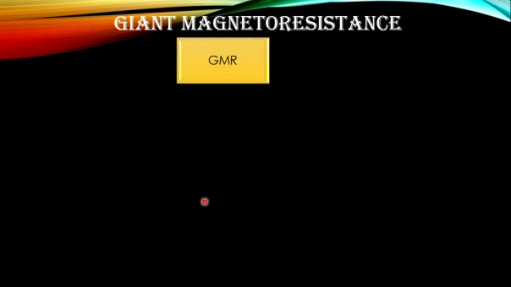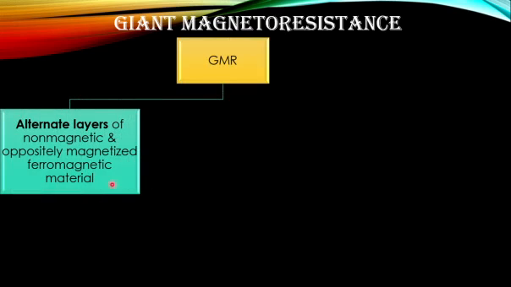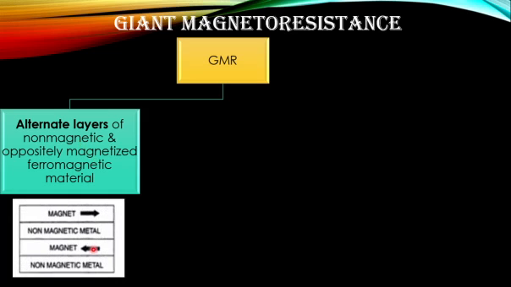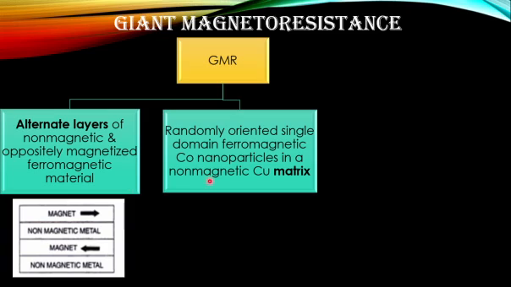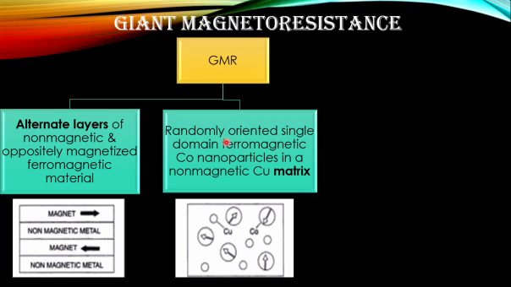So there are different kinds of giant magnetoresistant material. One is formed out of alternate layers of non-magnetic and ferromagnetic material, which was just mentioned earlier. Another example is randomly oriented single domain paramagnetic cobalt nanoparticles in a non-magnetic copper matrix.